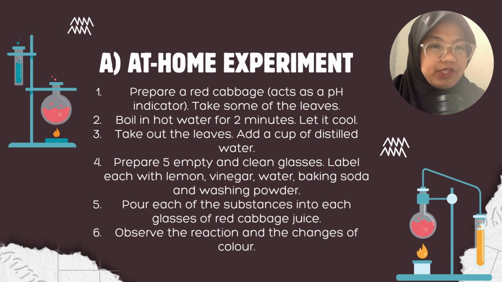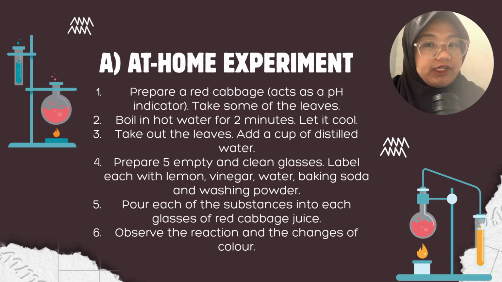You can also use tap water actually. And then fourth, you need to prepare 5 empty and clean glasses, and you need to label each with lemon, vinegar, water, baking soda, and washing powder. Meaning that if you label the glass with lemon, you add lemon in the glass.